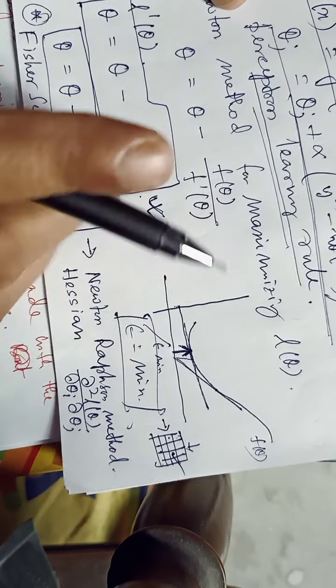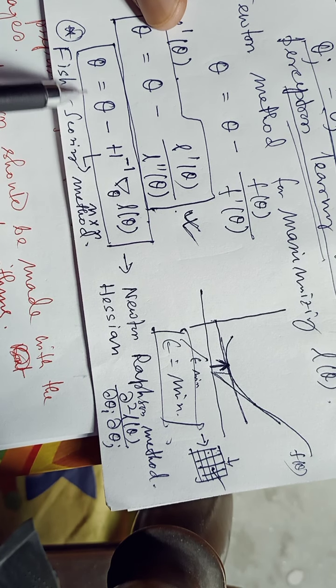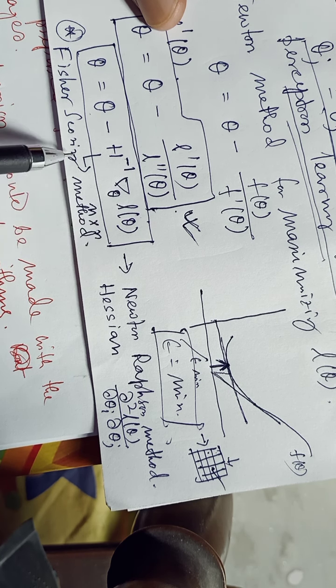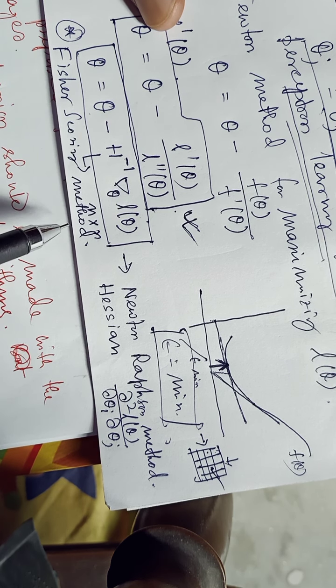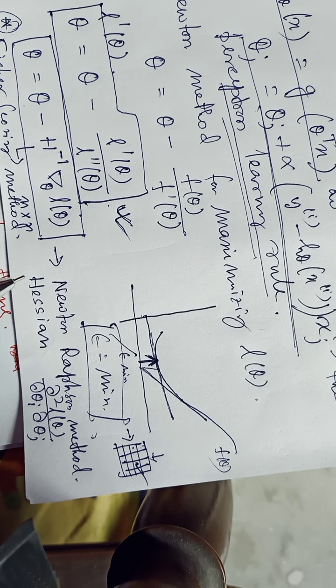And if we apply the Newton-Raphson method for the update rule, then it is theta equals theta minus Hessian inverse del L theta. This is known as the Newton-Raphson method, also known as the Fisher scoring method. Okay. So in the next class, we will discuss generalized linear models and so on.